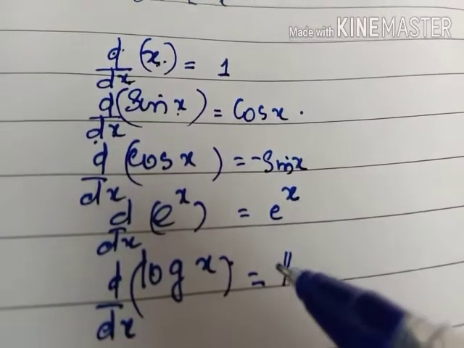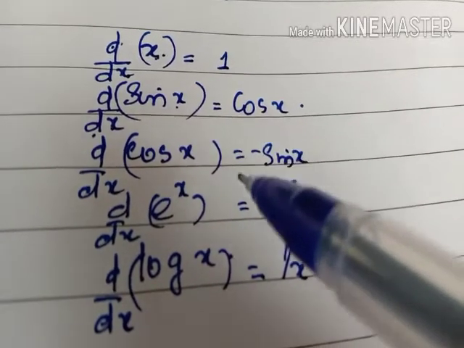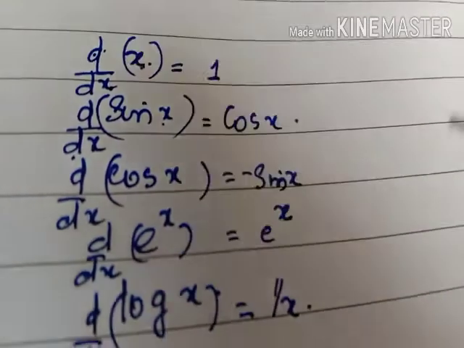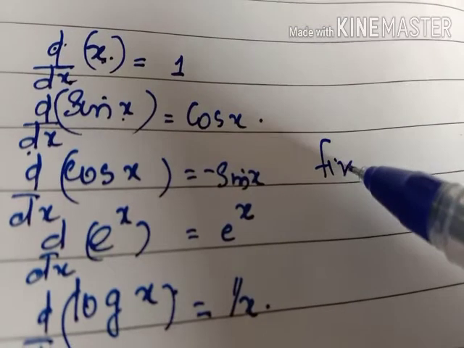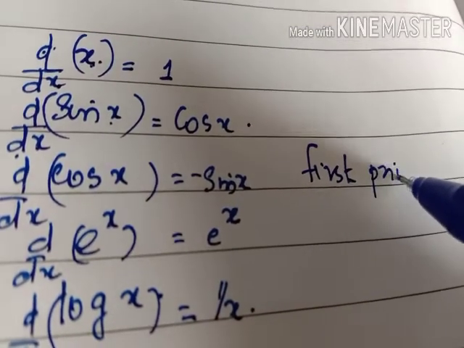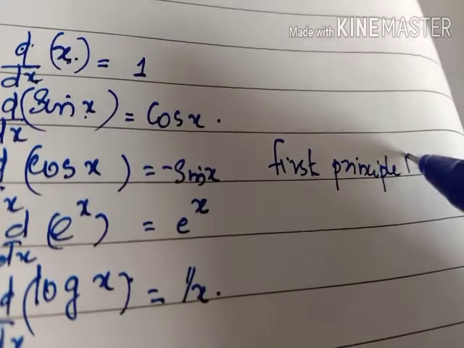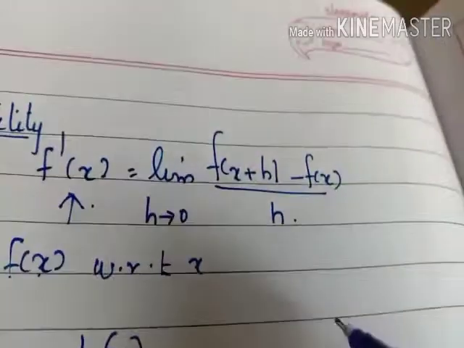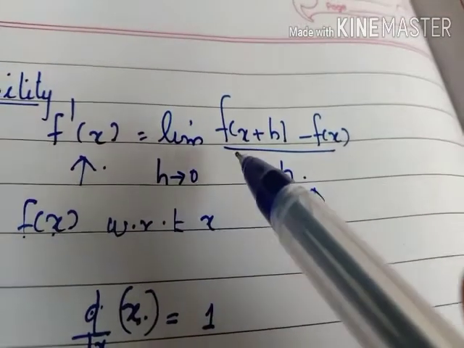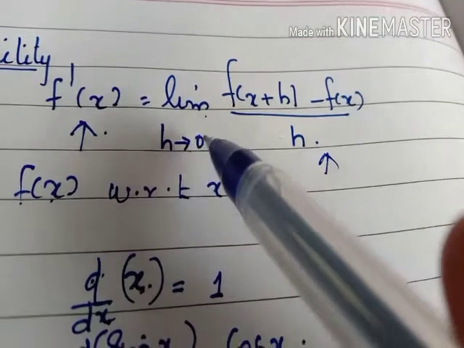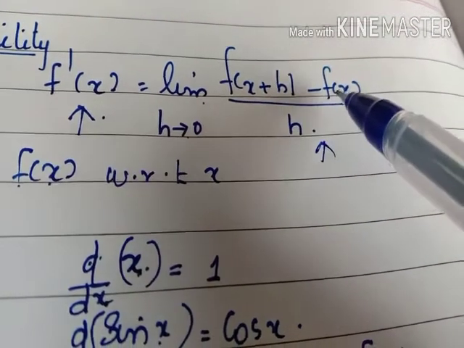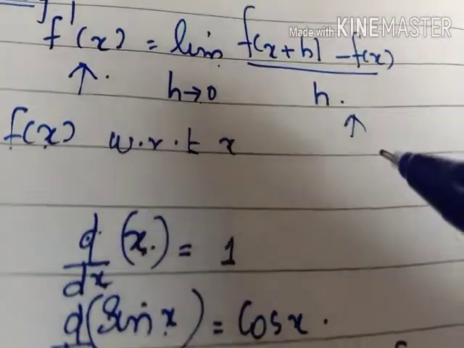All these differentiations we learned earlier using the first principle rule. First principle rule means our defined expression limit h tends to 0, f of x plus h minus f of x divided by h.